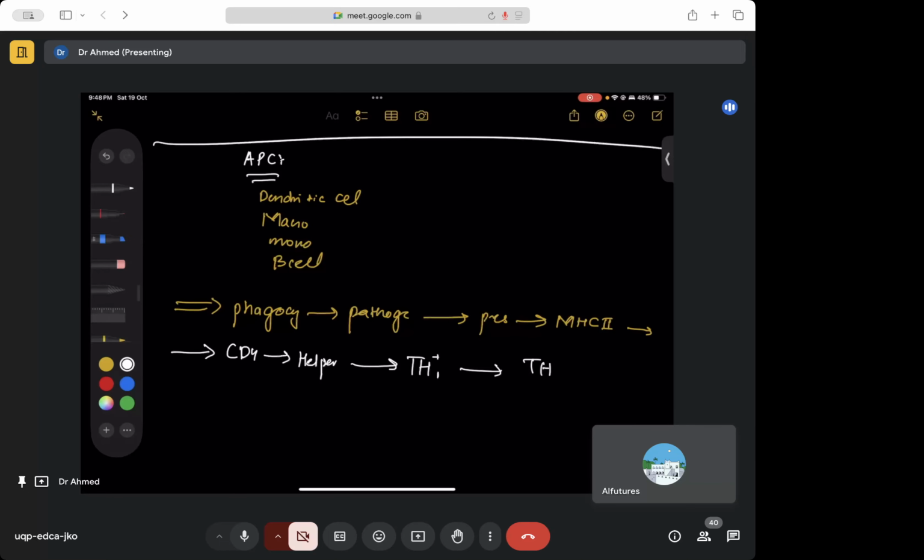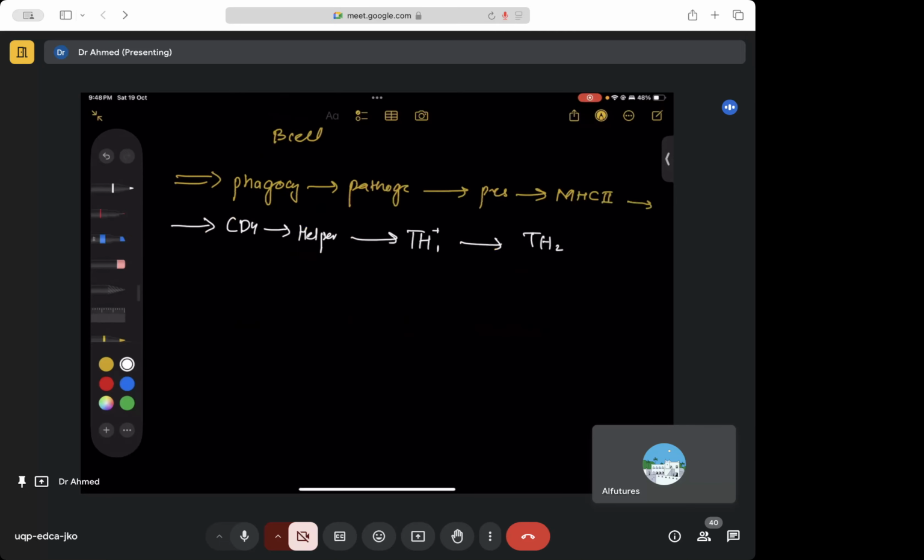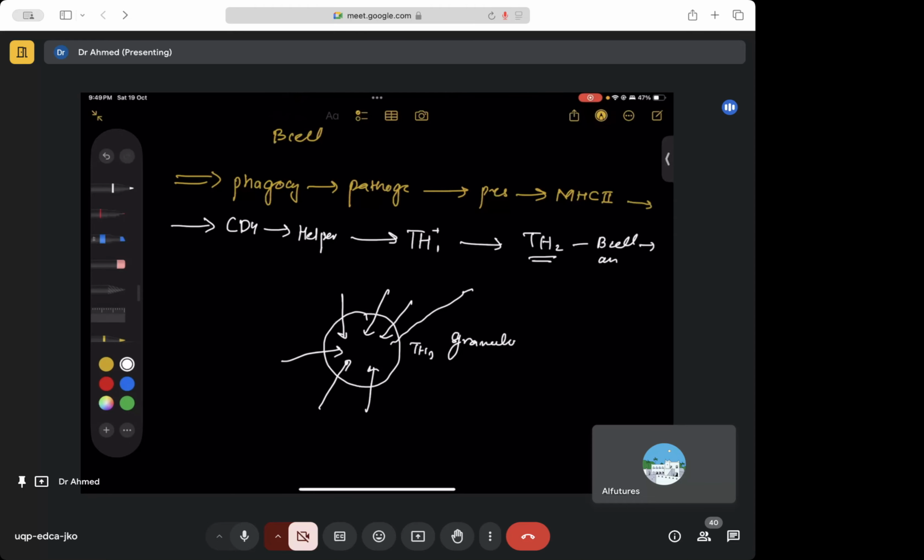Let me give you the concept of the TH1 response and TH2 response. Remember, very high yield. For those microorganisms which invade inside the cell, you are going to see a TH1 response, or simply granuloma formation. Why? Because the TH2 response is going to drive your B cells and your antibodies. The antibodies cannot enter your cell, right?